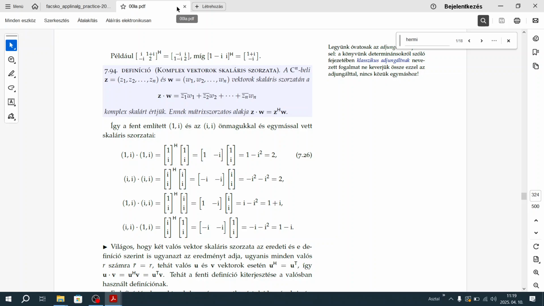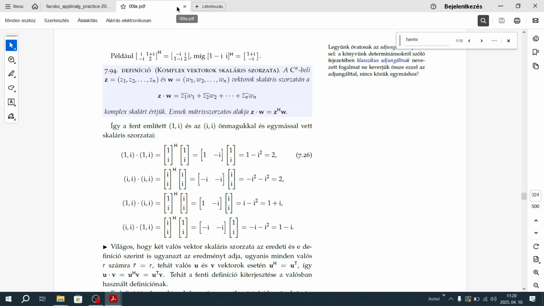So you have vectors. If you want to do this multiplication, then you have to multiply the conjugate of the first element of the first vector with the first element of the second vector.